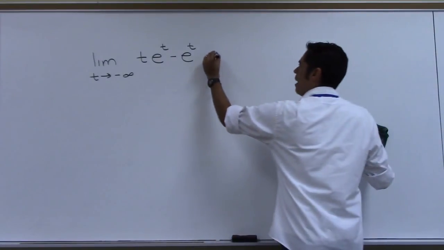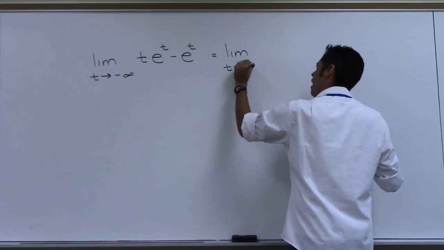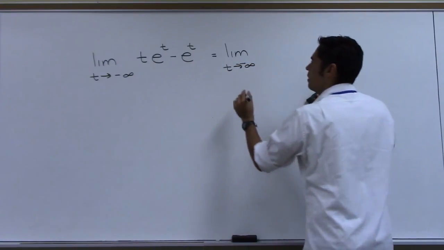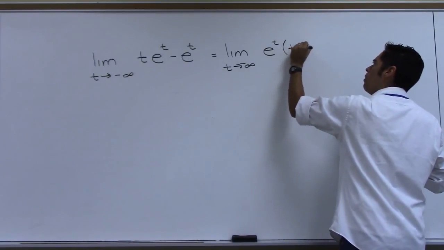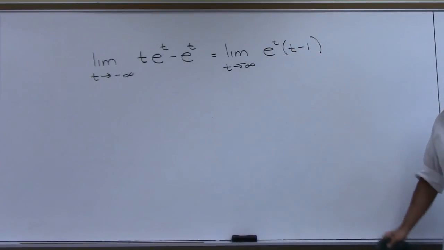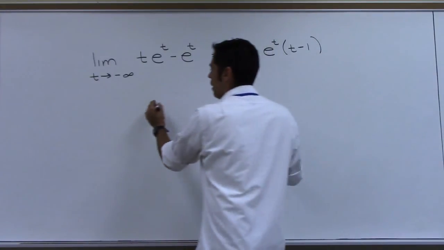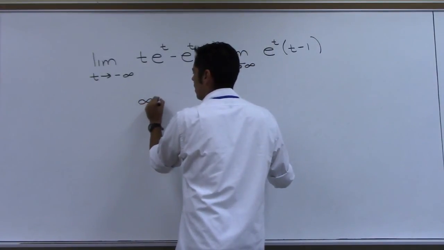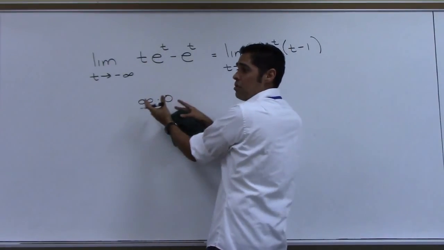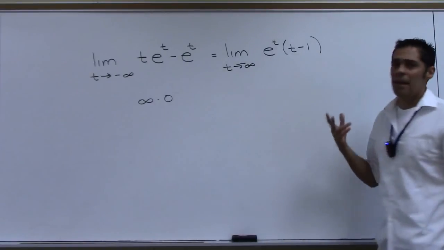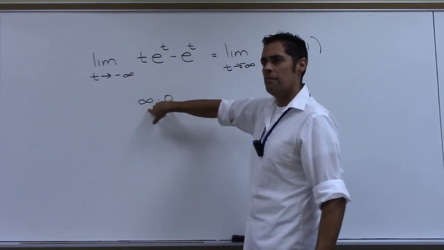Now, Ruben pointed out that we could factor out an e to the t and get t minus 1, right? We already know, because of what I just explained, that we're getting some sort of infinity times 0 here, right? And that's an indeterminate form. How is it that you handle indeterminate forms that have this pattern to them?